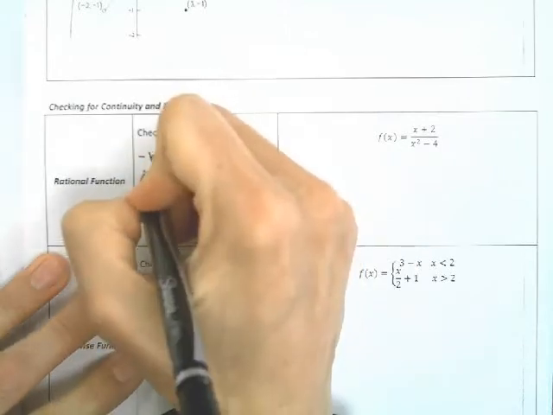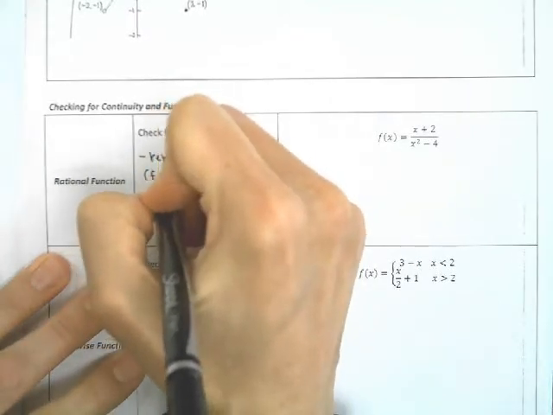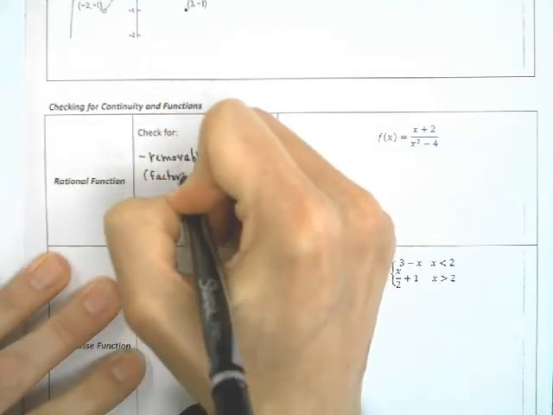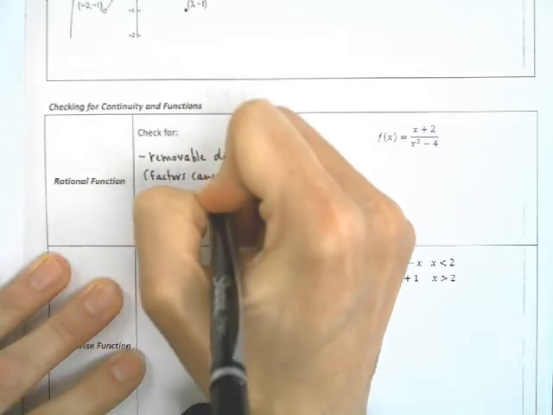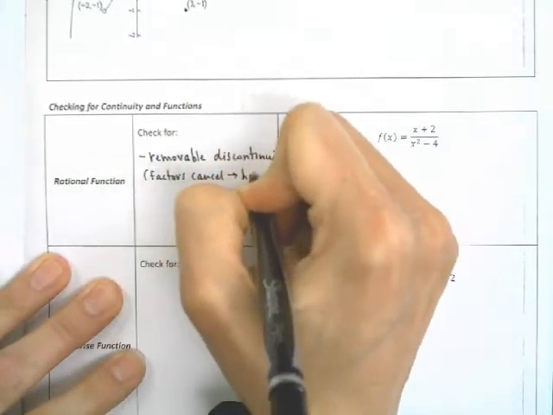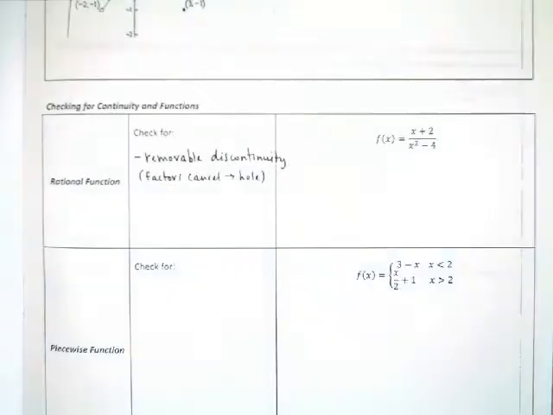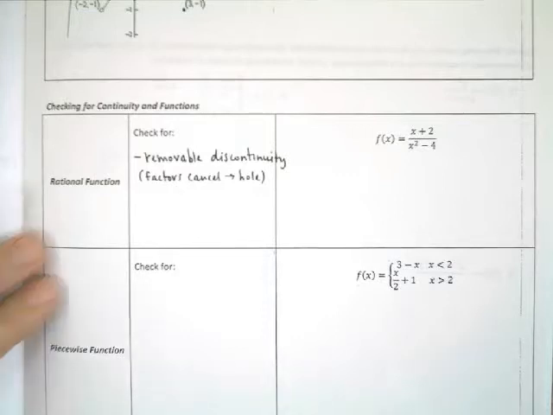Remember, that happens whenever we're able to cancel factors, which really leaves us with a hole. So whenever we see that happening algebraically, we know that we're going to have a removable discontinuity.